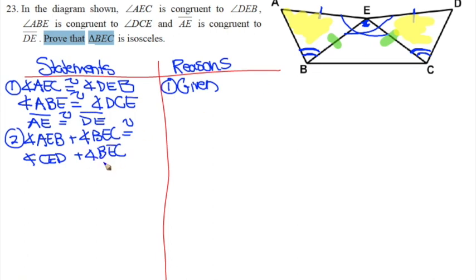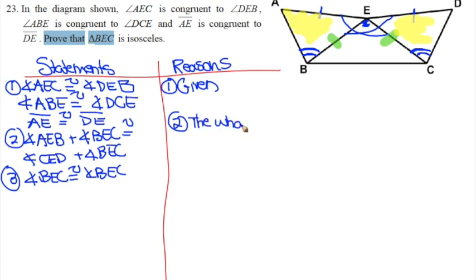See that? And so hopefully you're seeing that if I say that BEC is the same thing, this is a questionable step, but maybe you want to say that BEC is congruent to BEC, then I can subtract it and the remaining information should be congruent. The reason for 2 is you see I'm adding parts together. That's the whole is equal to the sum of the parts.